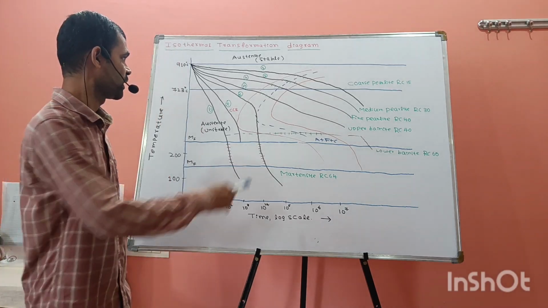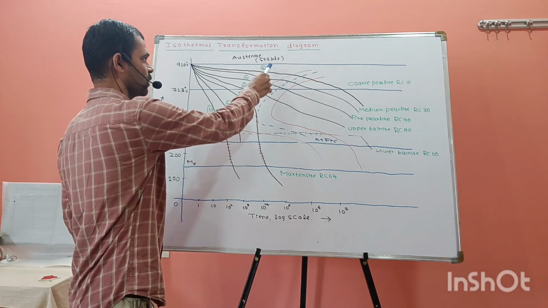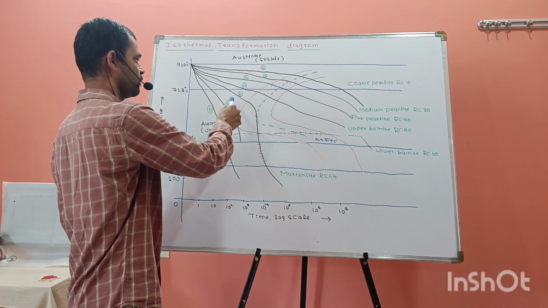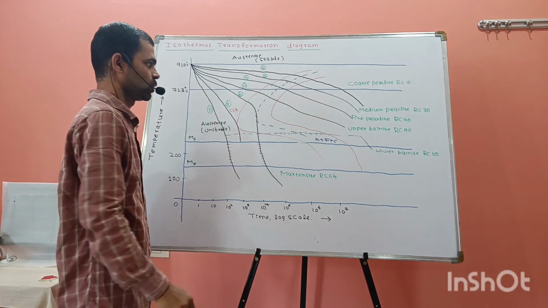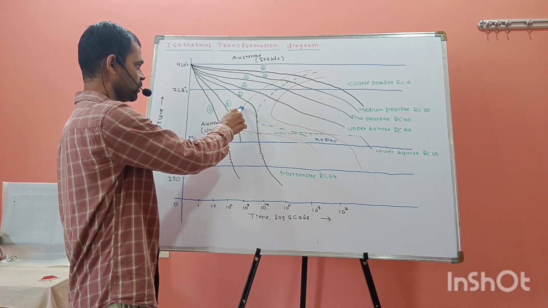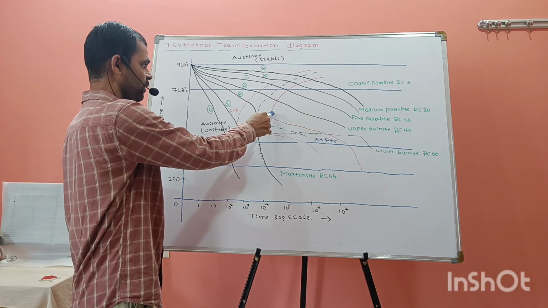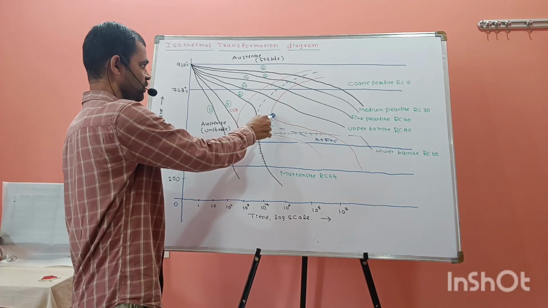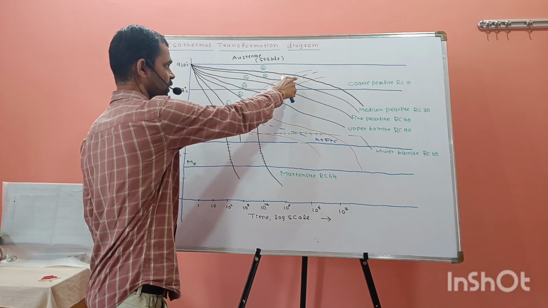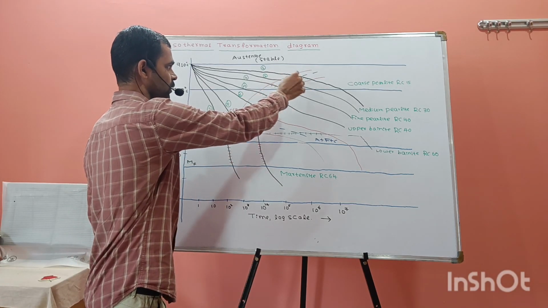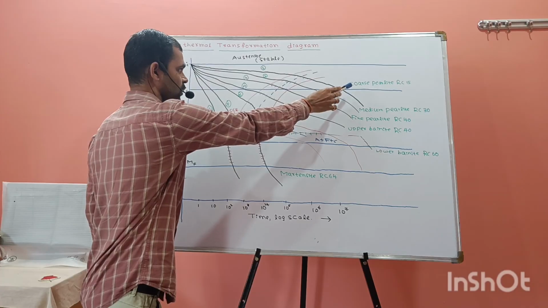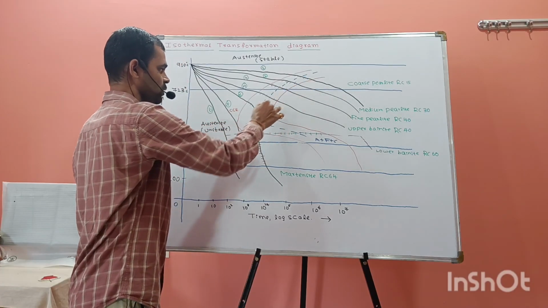These are the different cooling curves: 1 2 3 4 5 6 7. This is the beginning of transformation and this line indicates the ending of transformation. In this range we have different cooling curves.